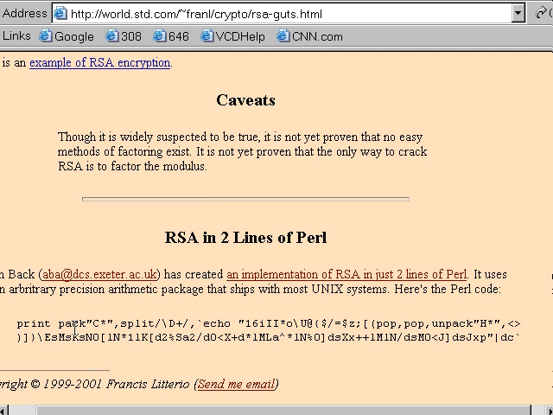It's a language that's meant to handle string expressions, and each of these echoing and splitting and packing and popping and unpacking and all that stuff stands for various Perl or Unix commands. So this is a way to actually encode an expression into RSA in 2 lines. Now, granted, you're probably going to have a longer algorithm than this, or a longer code.